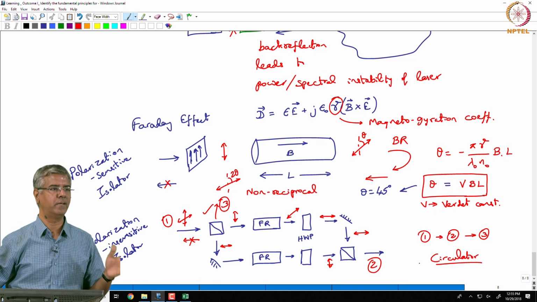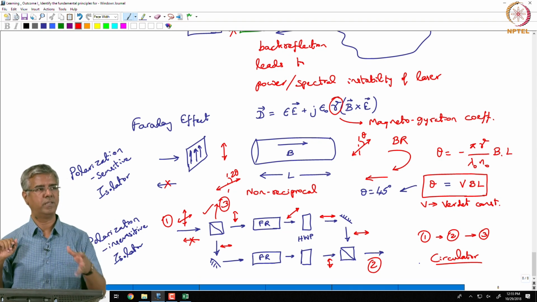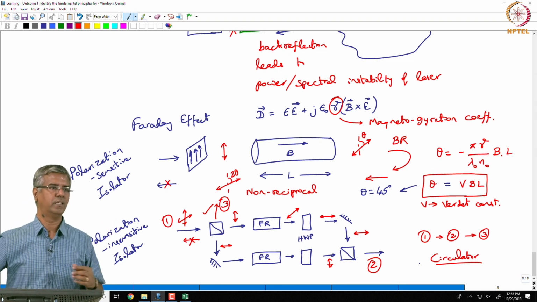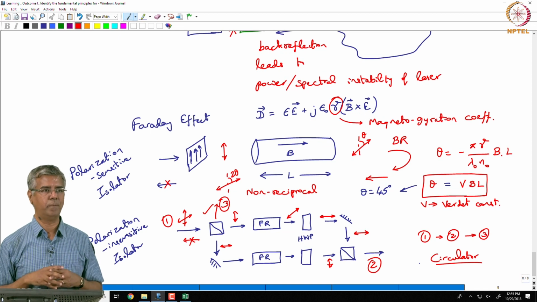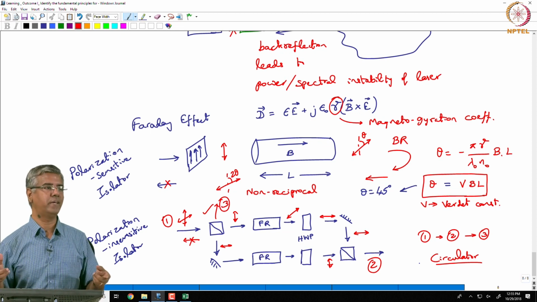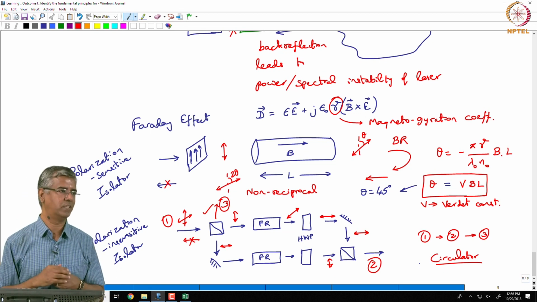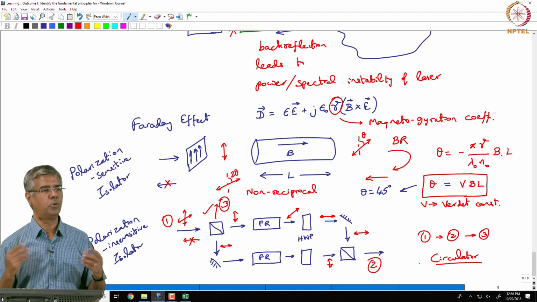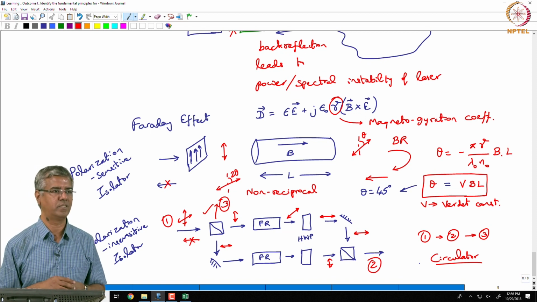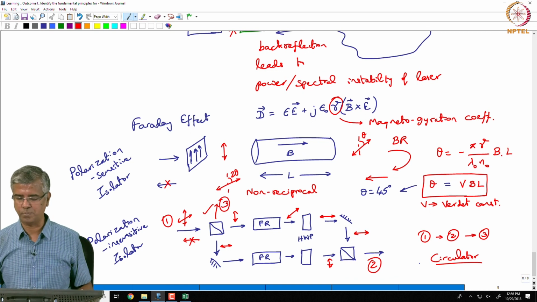For any linearly responding material, whatever the excitation frequency is, the output frequency will be the same. But when we go to nonlinear response, you have an opportunity of changing that frequency. So, the outgoing frequency may not be the same as the incoming frequency. Okay. Those aspects we will discuss in more detail in the next lecture.